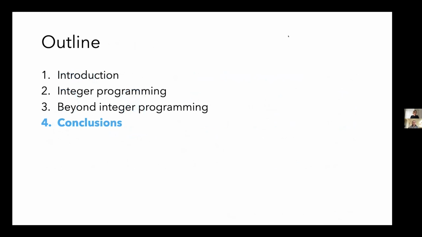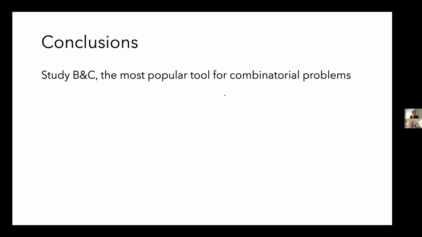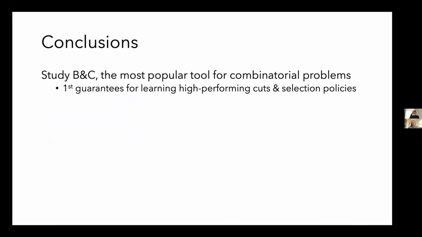Okay, so now I'm just going to wrap up with some conclusions. In this talk, we discussed branch and cut, which is the most popular tool for solving combinatorial problems. And we provided the first guarantees for learning high-performing cuts and cut selection policies.